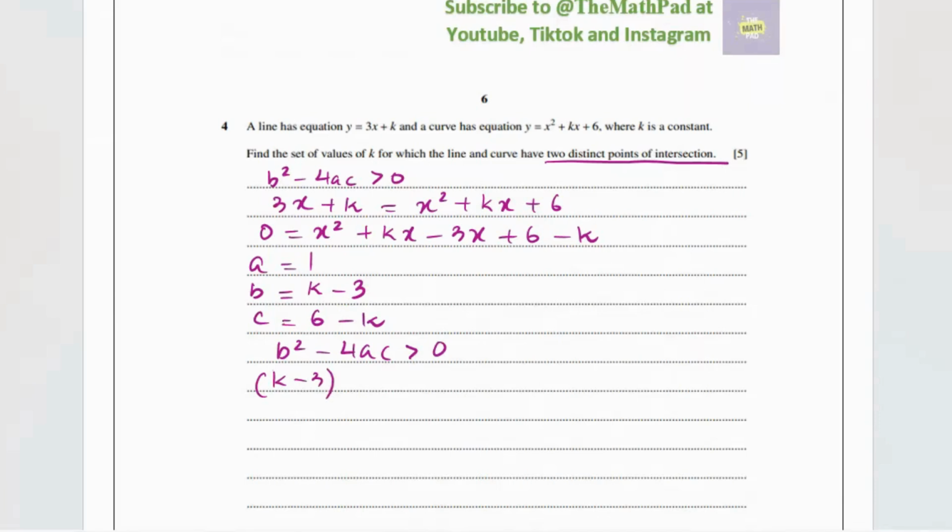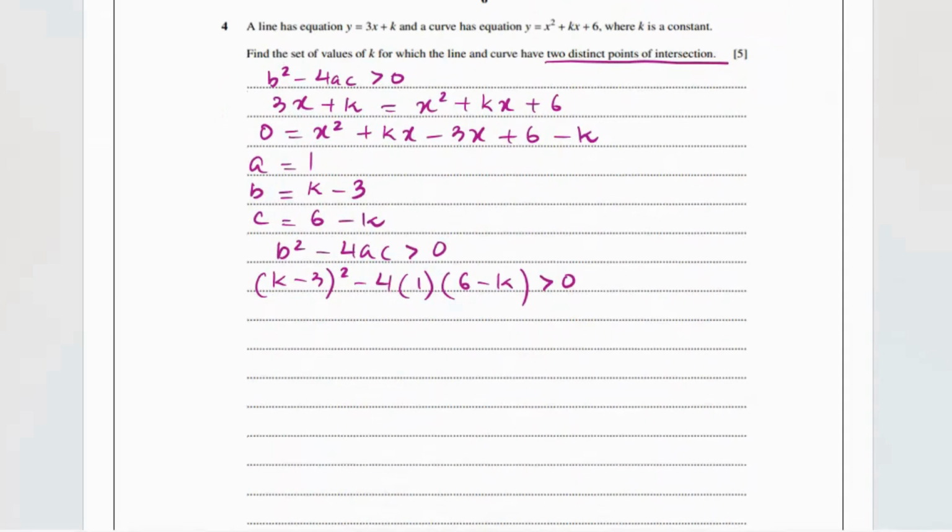K minus 3 whole square minus 4 times 1 times 6 minus k is greater than 0. K square minus 6k plus 9 minus 24 plus 4k is greater than 0.